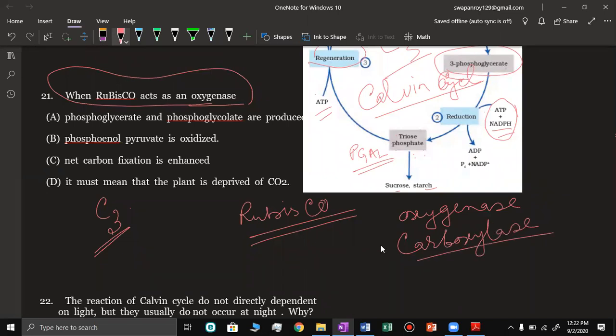Mainly it functions as a carboxylase, but sometimes as an oxygenase, meaning instead of absorbing carbon dioxide, it combines with oxygen. So when oxygen is absorbed instead of carbon dioxide, phosphoglycolate and glycerate are produced.